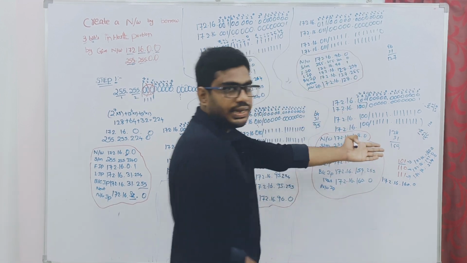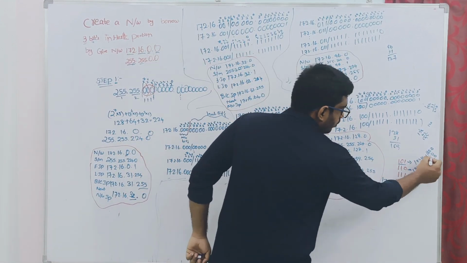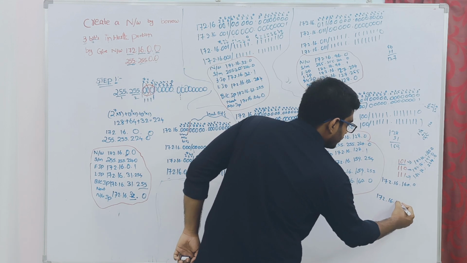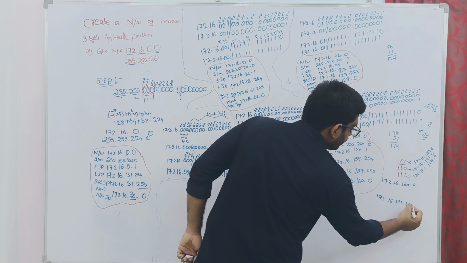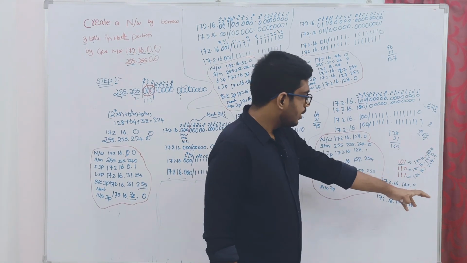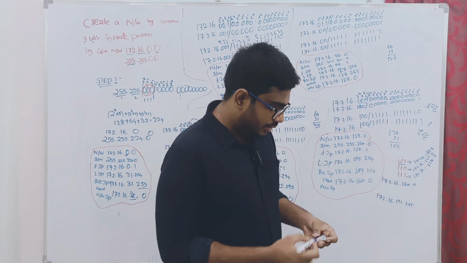What is the broadcast IP? You will get it easily. So before that, 172.16 dot 191.255. This is the broadcast IP. Why? Because I know what is the next network IP. Here also the same, so that you can solve.